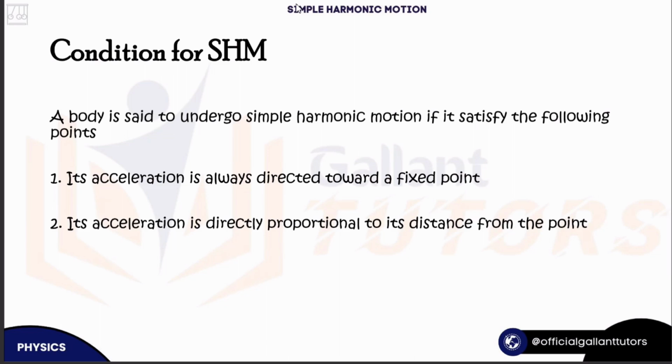The first is that its acceleration is always directed towards the fixed point. Just like when I started, I drew something like this, and at a particular point in time, we can have something of this nature. It's always directed towards the midpoint, the fixed point.